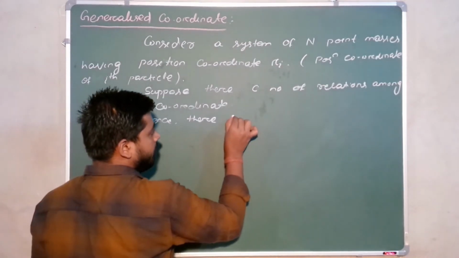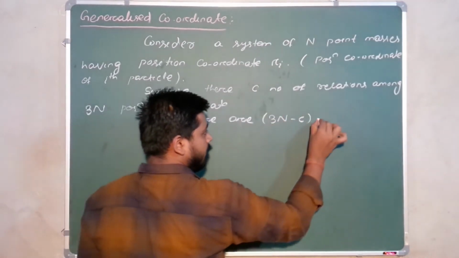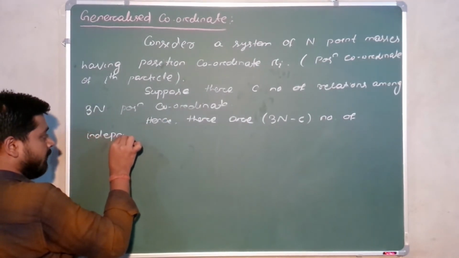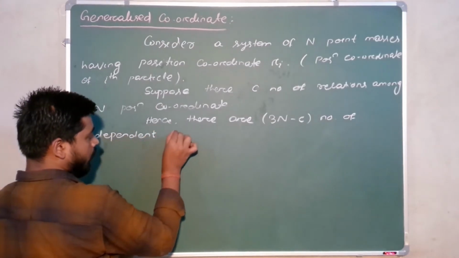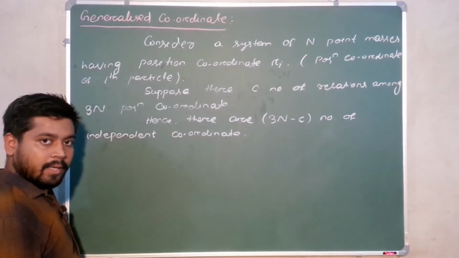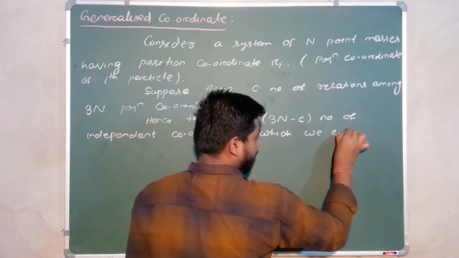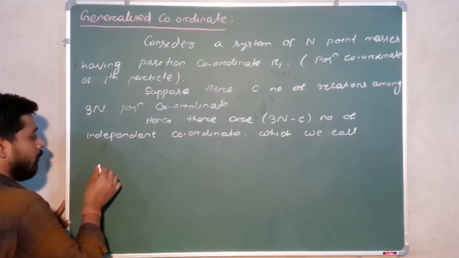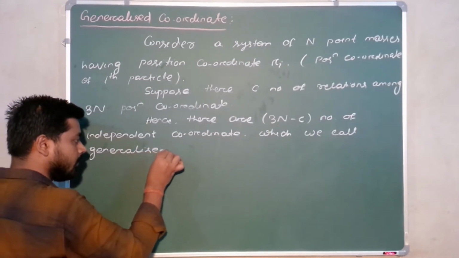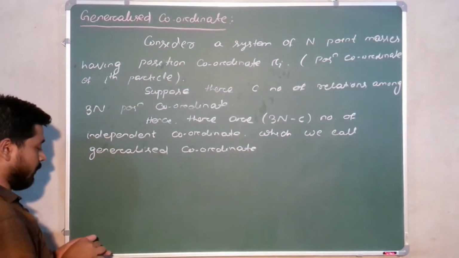Hence there are 3n minus C number of independent coordinates, which we call generalized coordinates.